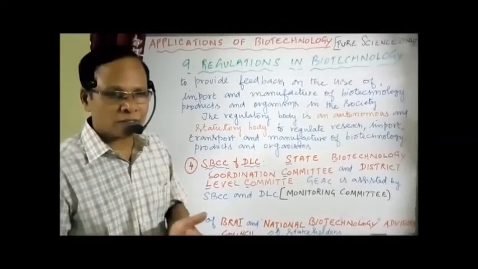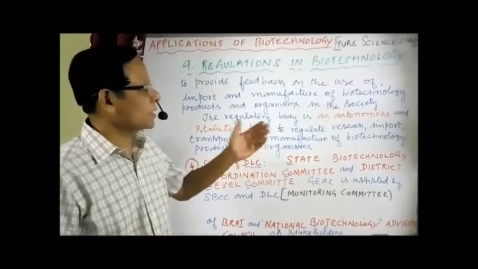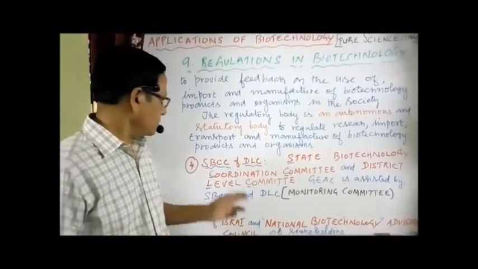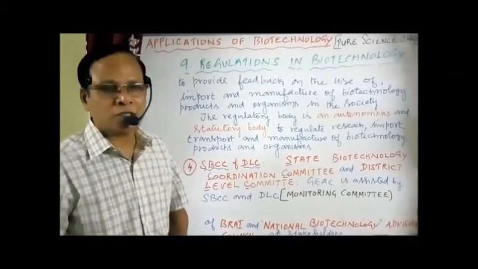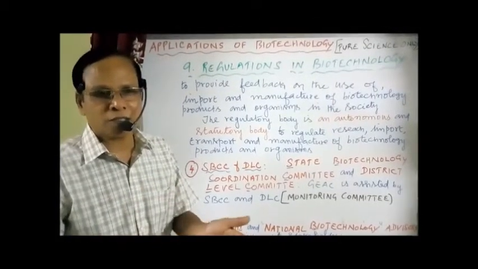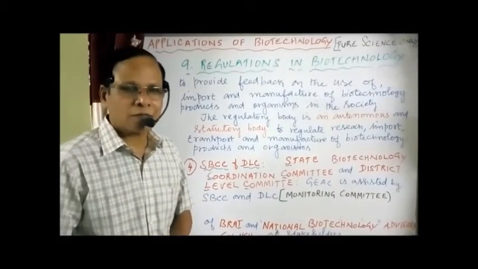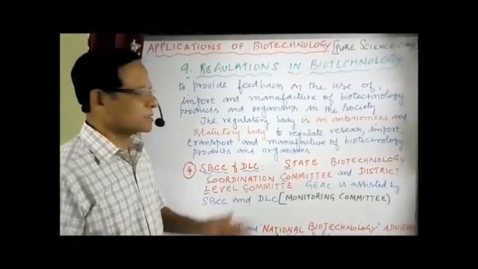GEC is an advisory committee. We also have some more advisory committees, and BRAI, the regulatory body. These two are monitoring committees working under the control of GEC, monitoring the activities happening at the district level and the state level. So that's about SBCC and DLC.